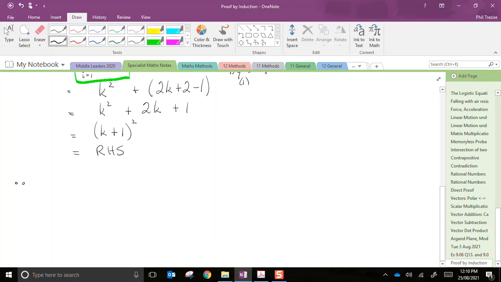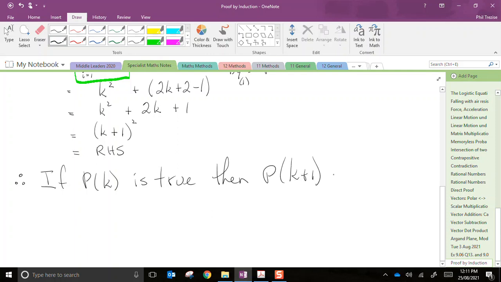So we will say, therefore, if proposition k is true, then proposition k plus 1 is true. That's what we showed.